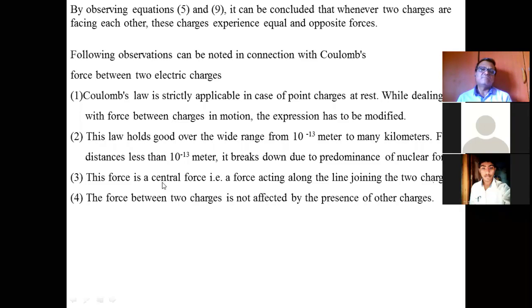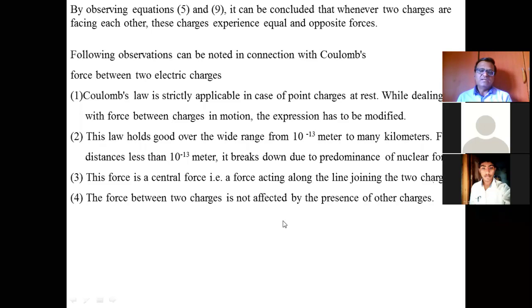That is called a central force. Number 4, the force between two charges is not affected by the presence of other charges. सपोज दोन चार्जेस प्रेझेंट असतील आणि त्यांच्यामध्ये जो काय फोर्स एक्झर्ट होत असेल, जर आपण तिसरा चार्ज त्या ठिकाणी नेला तर तिसऱ्या चार्जमुळं कोणत्याही प्रकारचा इफेक्ट त्या फोर्सवरती होणार नाही. This is the most important thing in case of Coulomb's force.